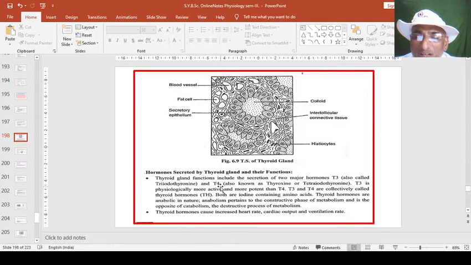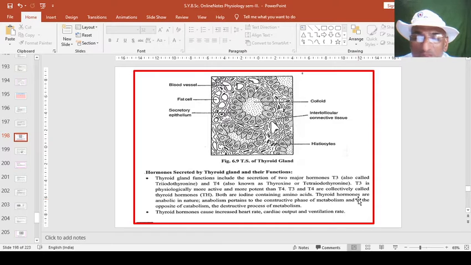Triiodothyronine and tetraiodothyronine, T3 and T4. So T3 is physiologically more active and more potent than T4. So T3 and T4 are collectively called thyroid hormones or TH. T3 and T4 are the thyroid hormones and both are iodine containing amino acids. So main element is amino acid and naturally they contain the iodine.